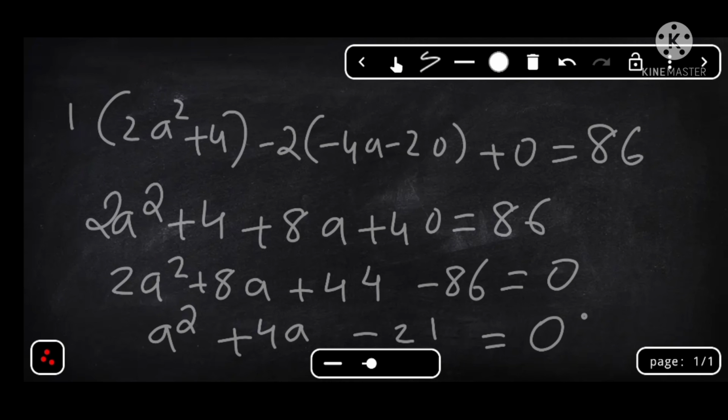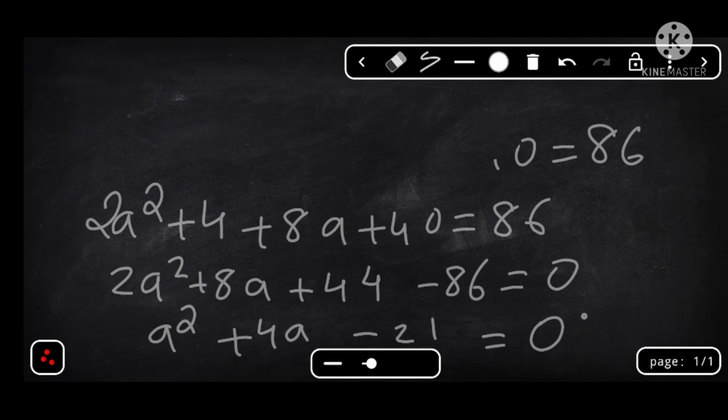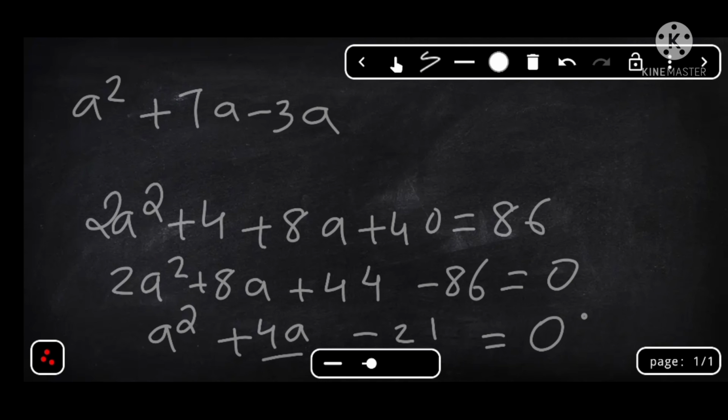Now we can solve it using the quadratic equation. Or since it's a simple polynomial, we can solve it by splitting 4a as 7a minus 3a: a square plus 7a minus 3a minus 21 equal to 0.